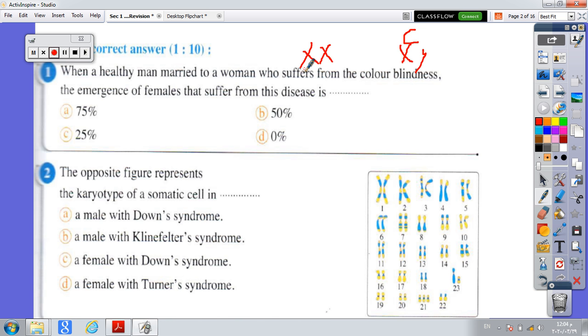While the woman suffers from blindness, so she carries the recessive gene on X chromosome, which is C small. Who can tell me? The female produces gamete which is XC small, while male may be XC capital or Y. So the first generation will be X.